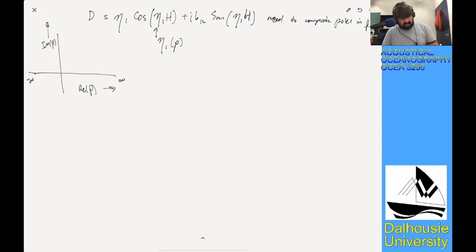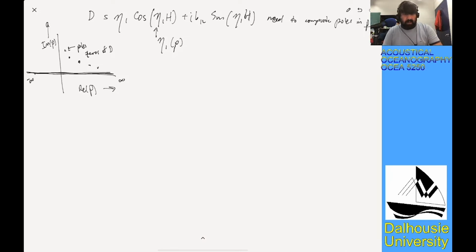So we're actually trying to just integrate along this line. And the idea is that if we choose just half of this plane, we can compute where all these poles, or in other words, zeros of D, are, and then use the theorem of residues. Okay, so what's the theorem of residues?